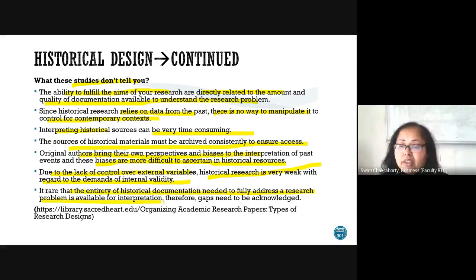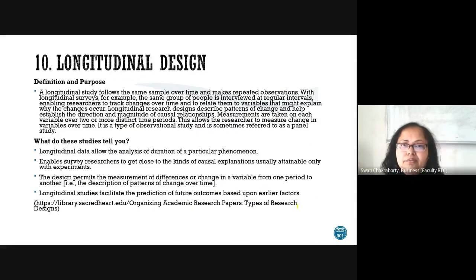If you want to interpret a particular research problem and you want the entire historical documentation there is to address it, then it's very rare. So gaps need to be acknowledged, right?